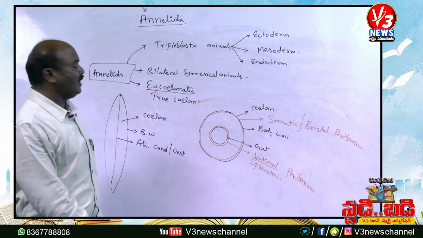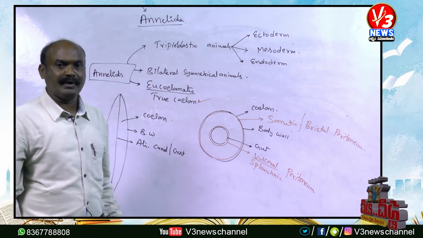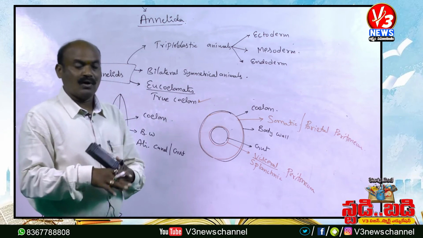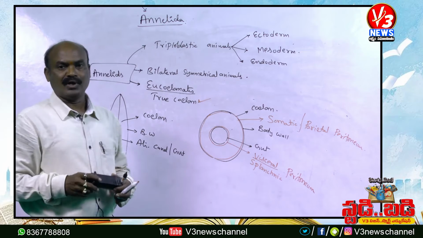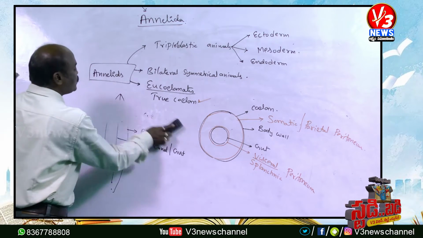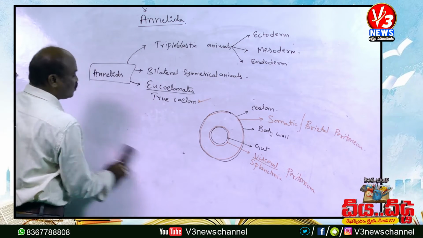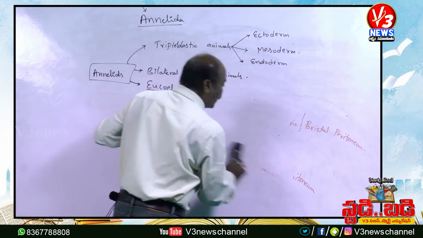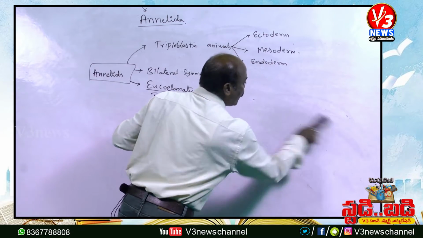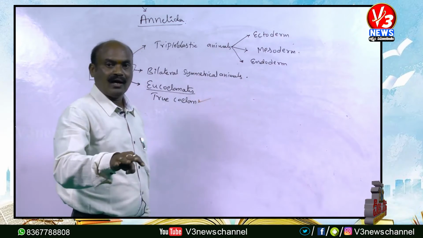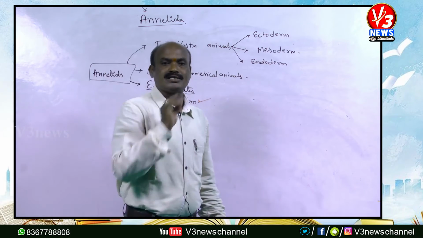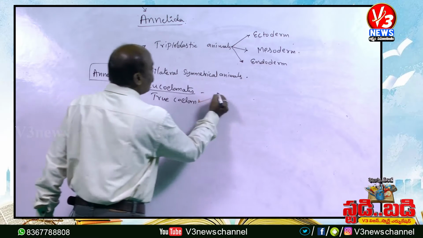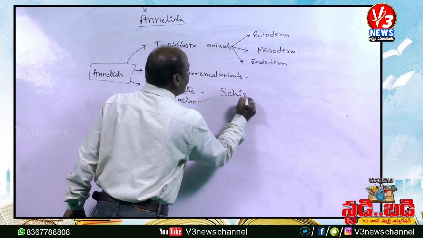Yes. Generally, based on their formation, true coelom is of 2 types. One is schizocoelom and the second one is enterocoelom. So what type of true coelom is present in annelids? Not only in the phylum Annelida, but in Annelida, Arthropoda and Mollusca, they possess true coelom, and the type of true coelom is schizocoelom.